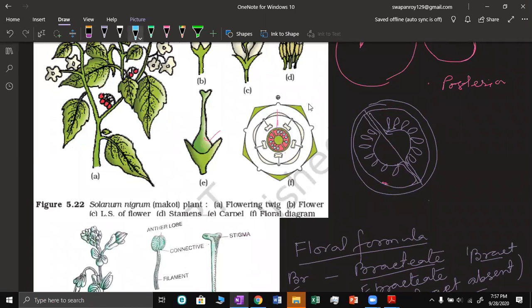This one, better with red. See, this is called floral diagram.